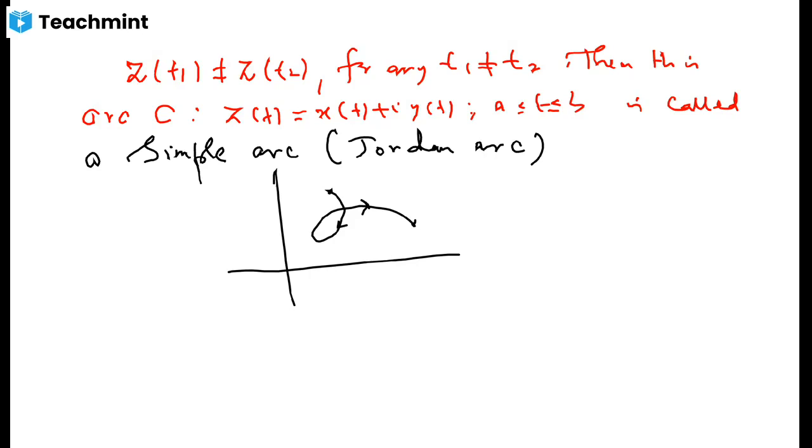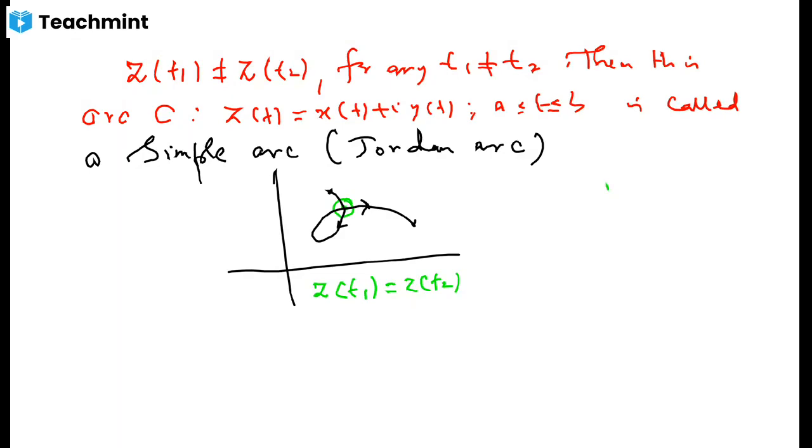Look at this place here. What's happening here? This arc is crossing itself. When it is crossing itself, that means for certain t1 and t2, z of t1 is equal to z of t2. So this doesn't qualify the definition of a simple arc. So that means this is not a simple arc.